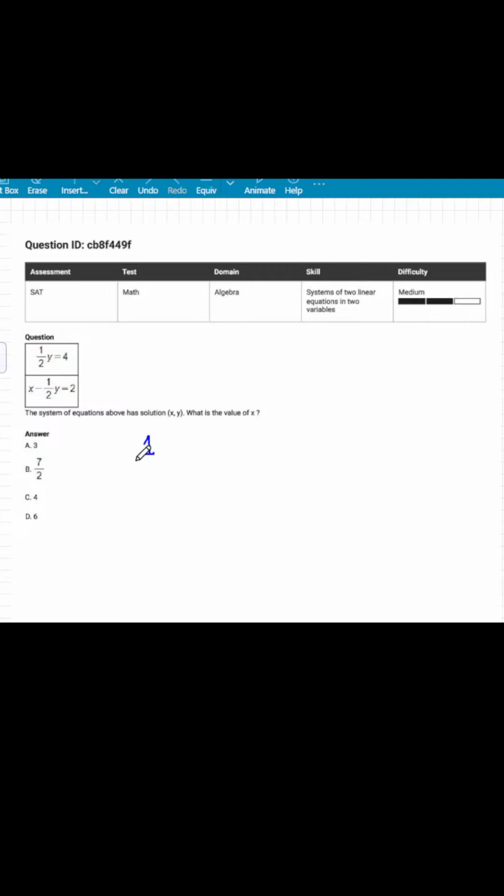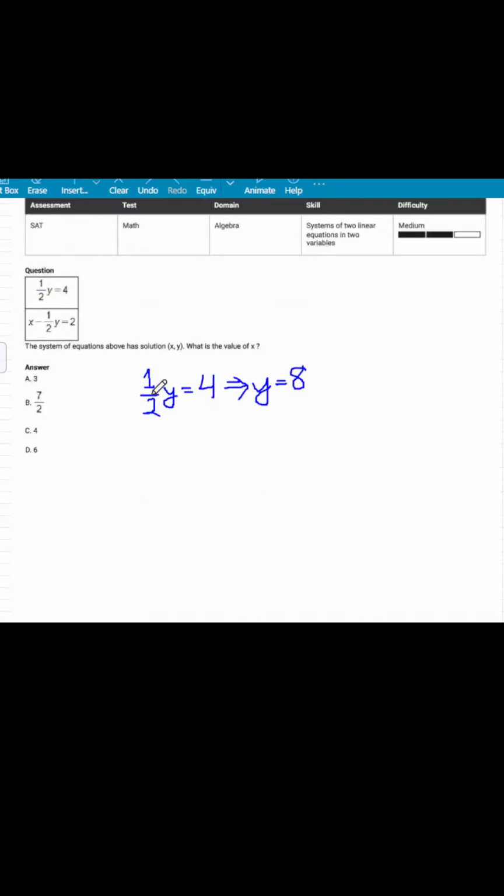So half of y is equal to 4. So y will be equal to 8. Okay. Now we can use this to solve the second equation. So because we have to find the value of x, we have x minus half of y is equal to 2.